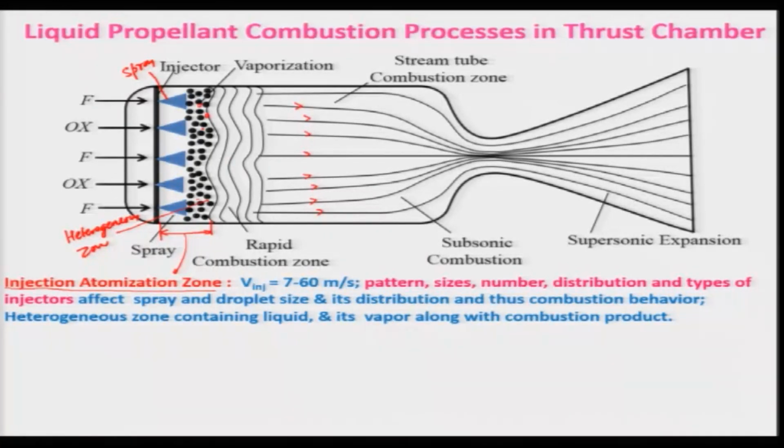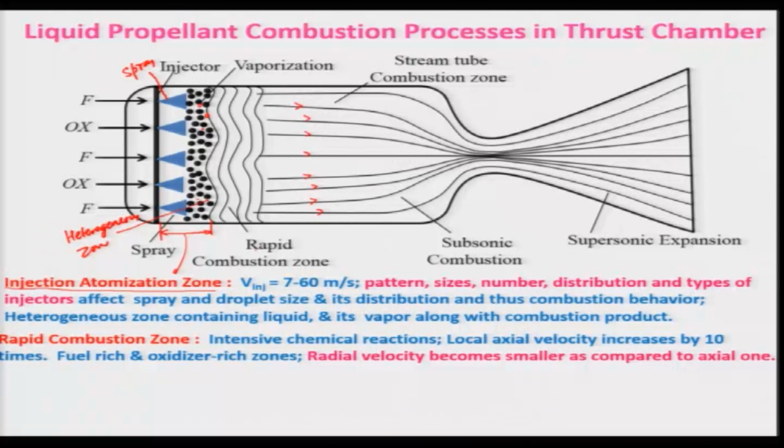The next zone we will consider is known as the rapid combustion zone. This is your rapid combustion zone, where intensive chemical reactions are taking place, and the chemical reactions are quite complex in nature. If you want to model it, it is beyond the ken of present day work, because there is liquid phase and also gaseous phase.